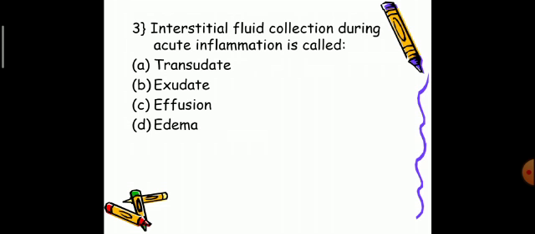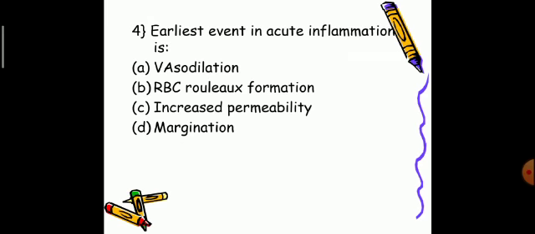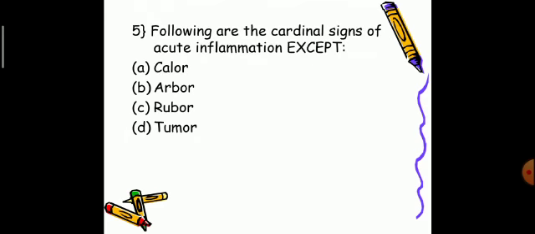Interstitial fluid collection during acute inflammation is called, the answer is B, exudate. Earliest event in acute inflammation, the answer is A, vasodilatation. Following are the cardinal signs of acute inflammation except, the answer is B, arbor. There is calor, rubor, tumor, dolor. No arbor. There is nothing like arbor.